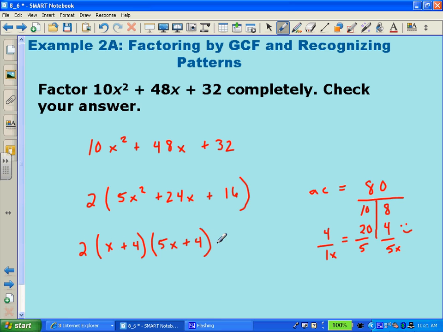Okay, and then again I'd check to see if there's any other greatest common factors I could get out of there. It doesn't look like it. So I have now completely factored this expression, or this polynomial I should call it.